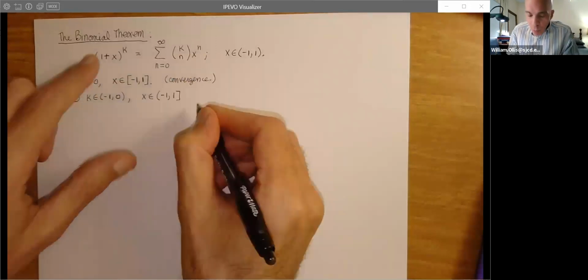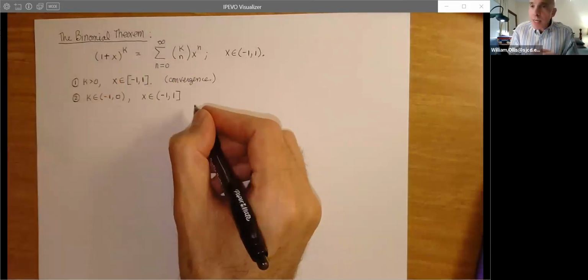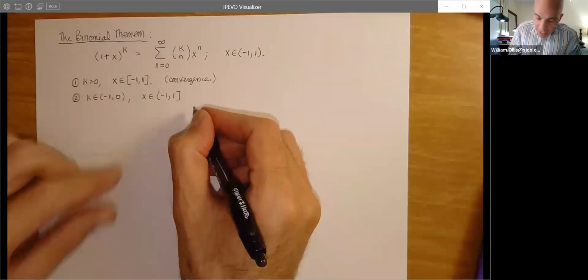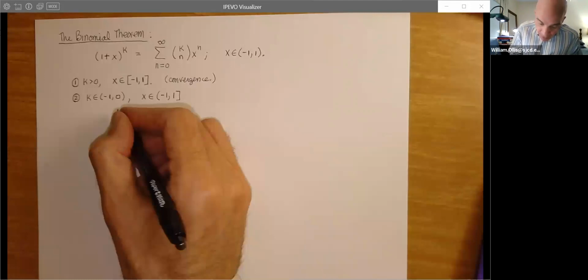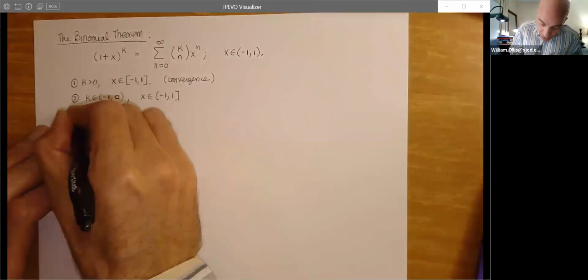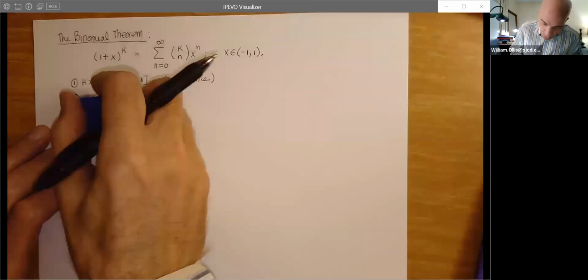So if we did 1 plus x to the 1/2, we could include the endpoints. On your chart, it says dependent on k, and this is what it's talking about. And then, of course, the rest of them we don't really care about, so we'll just say that's it. That's all I need to say. I don't need to add any more.